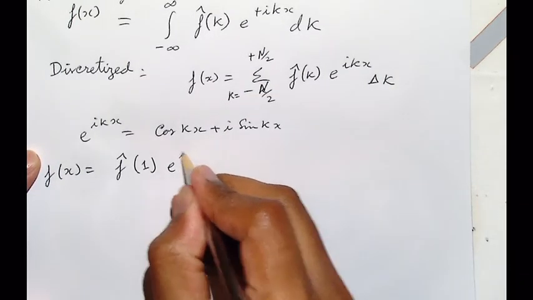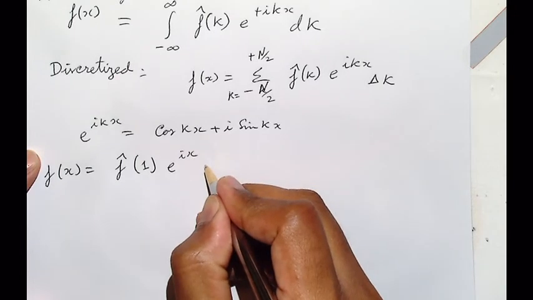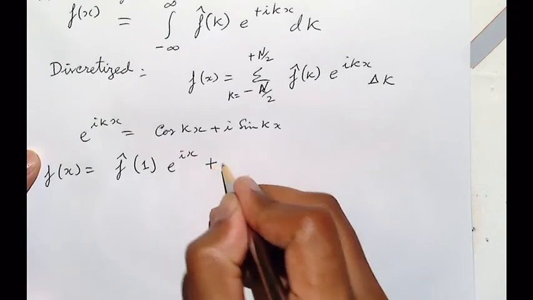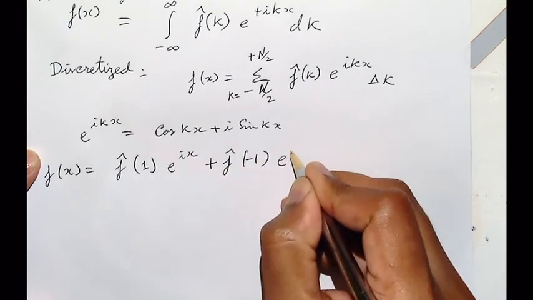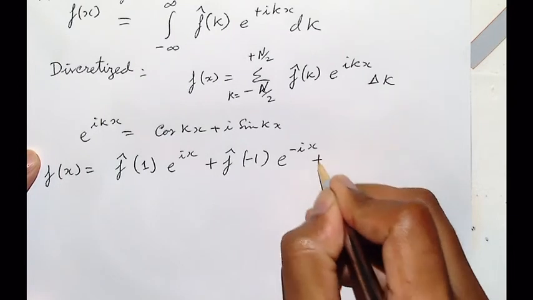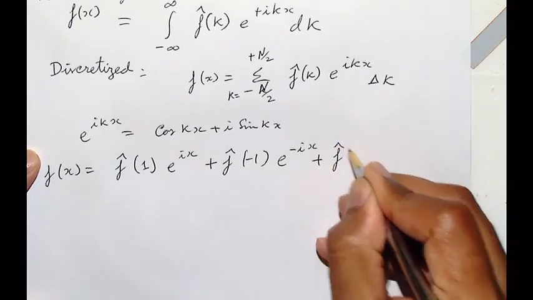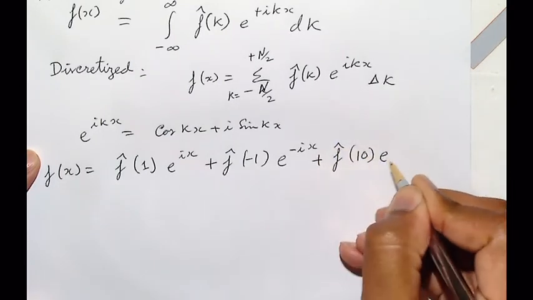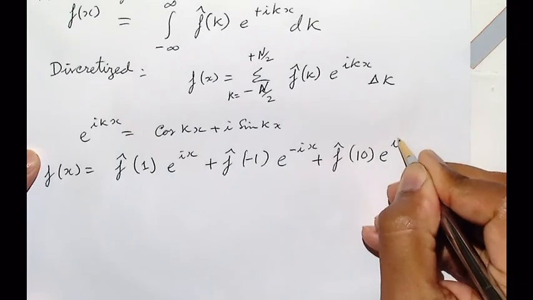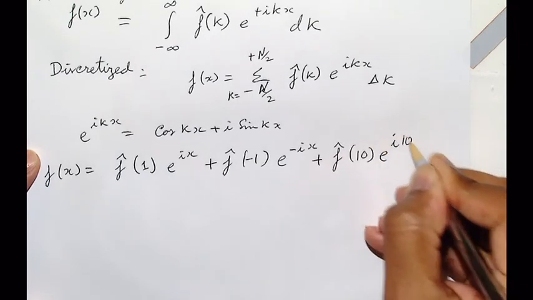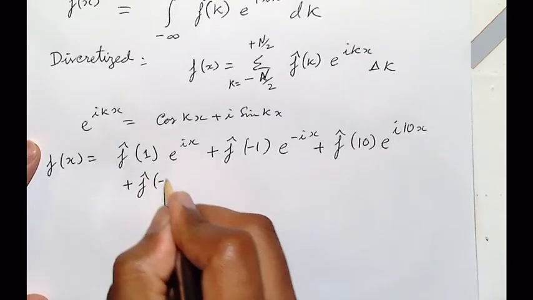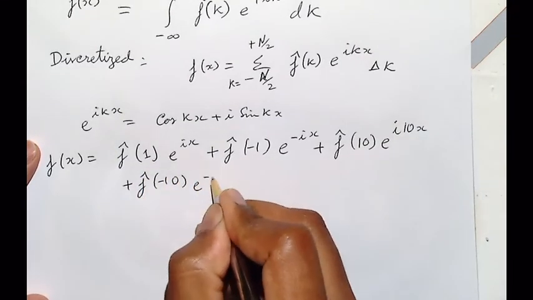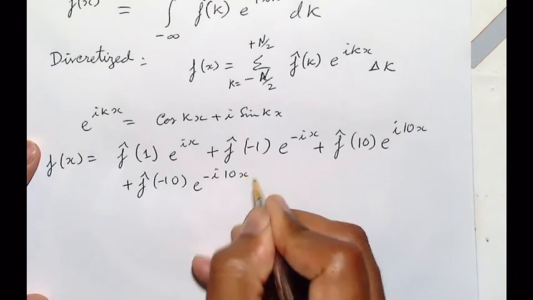So it's just e to the ix, plus f hat of negative 1 e to the negative ix, plus f hat of 10 e to the 10ix, yeah, plus f hat of negative 10 e to the negative i 10x.